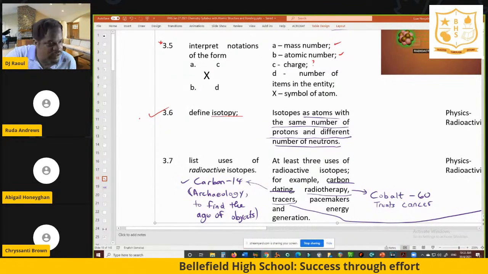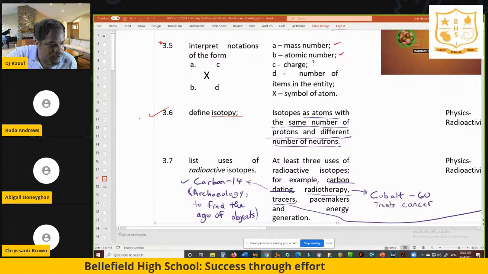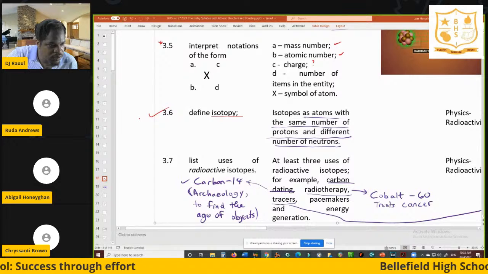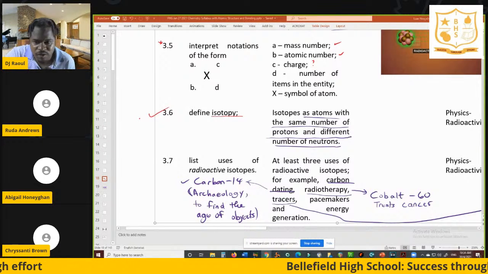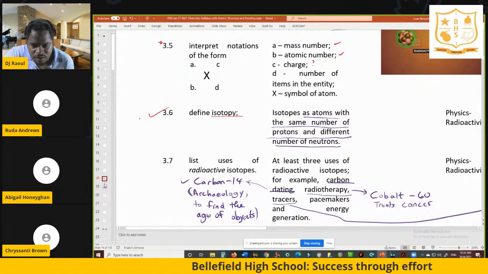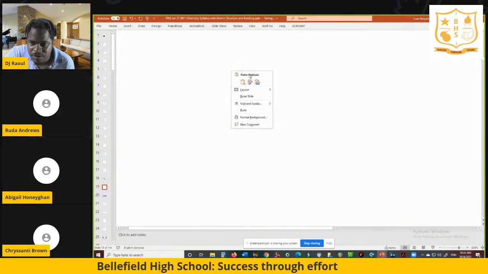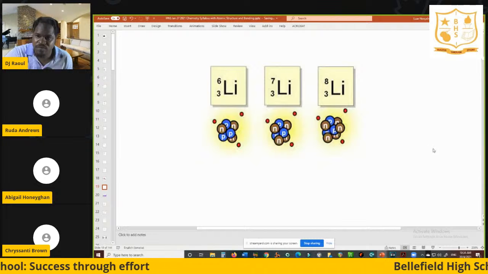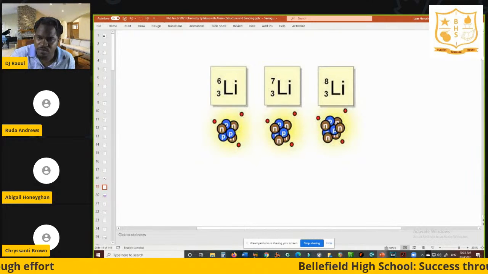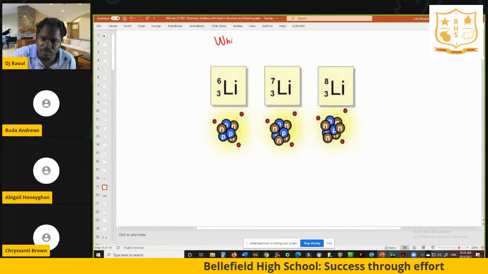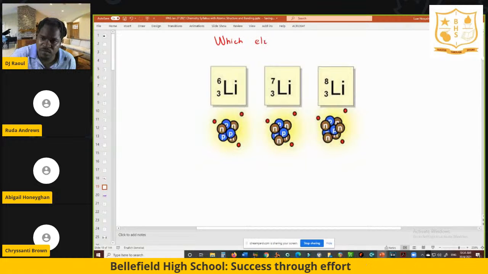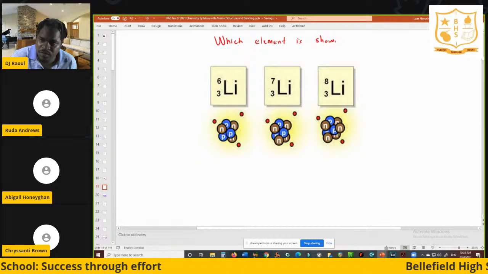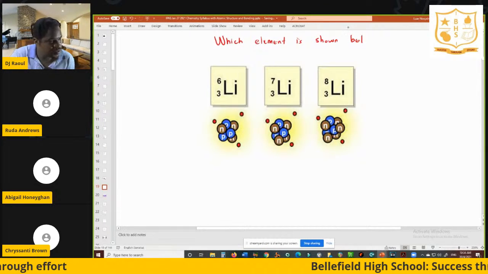Let me just close by saying this now. Let me show you this example here, and I want you to tell me which element is being shown here. Lithium, sir. All right, O'Neill is saying lithium.